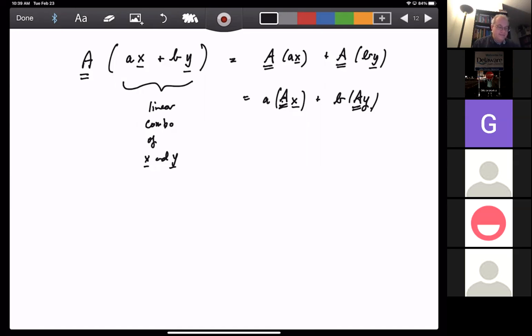Okay. So we talked about matrix times vector multiplication and matrix multiplication previously. Let's see. Kind of running out of time here.